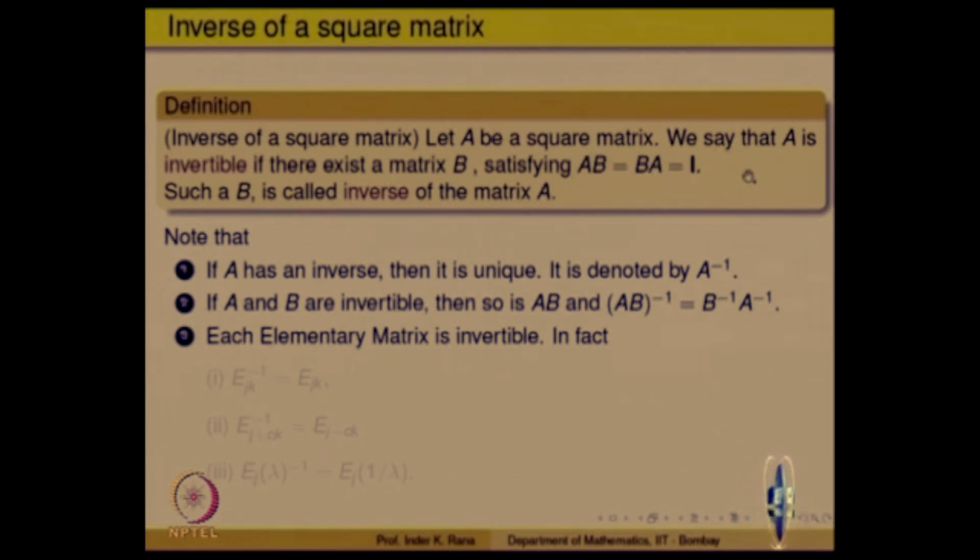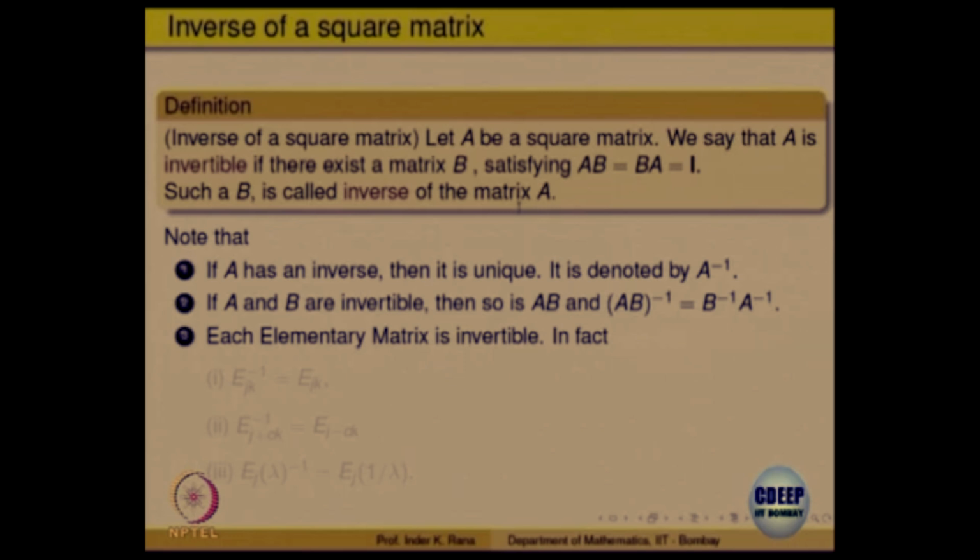A into B, that means multiplying A on the right side by B, or multiplying A on the left side by B, both products should be equal and equal to the identity matrix. In that case, we say this matrix A is invertible, right, and this matrix B we call the inverse of A.